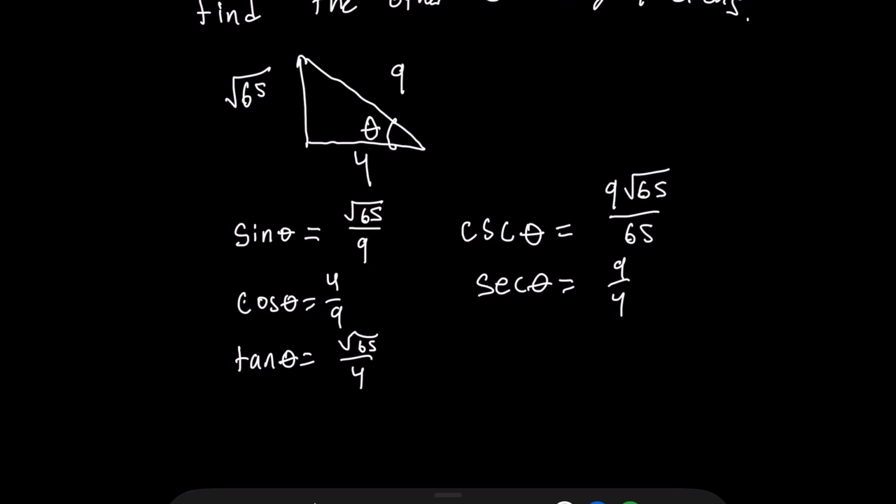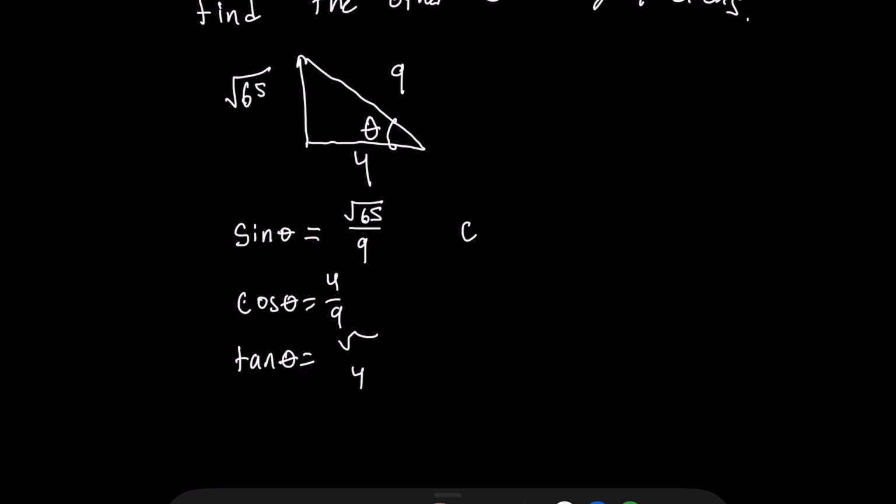Oops, cotangent. And we're done. We didn't have to worry about negative stuff, but we will in a second. Well, actually, first I'm going to do something before we get there.